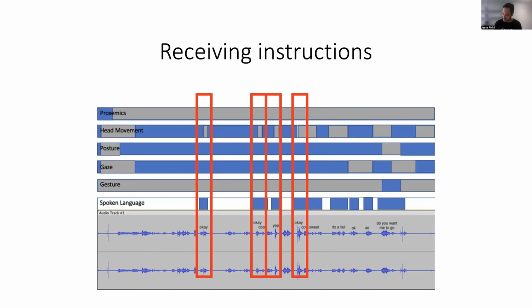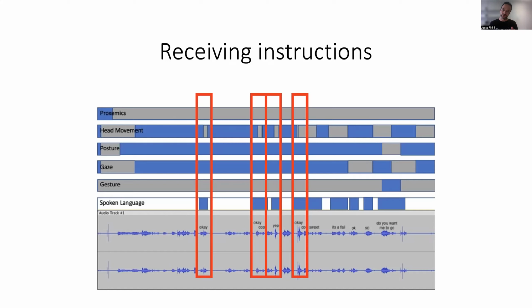All the other modes remain stable: posture, gaze, and proxemics. When I first looked at this, I thought to myself, well, this doesn't seem that interesting. It makes sense that you might say okay and do your head movement, right? And this connection between, as I mentioned before, talk and gestures, or head movements in this case, has been studied.